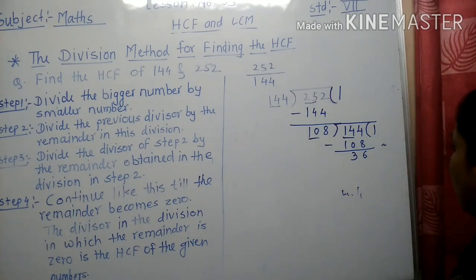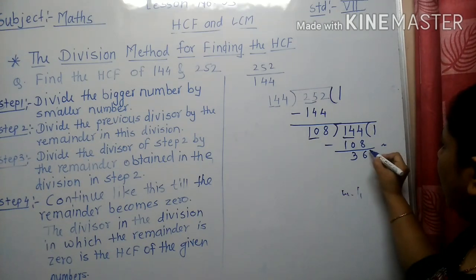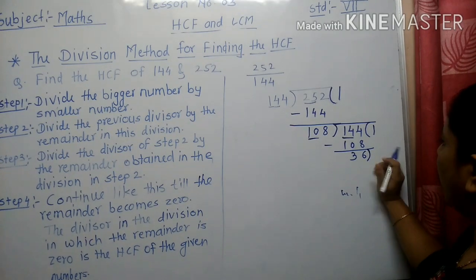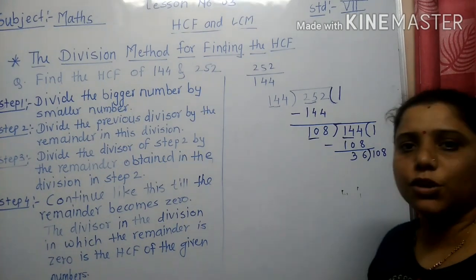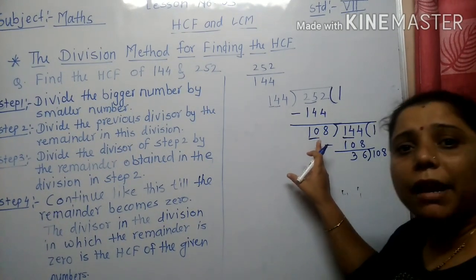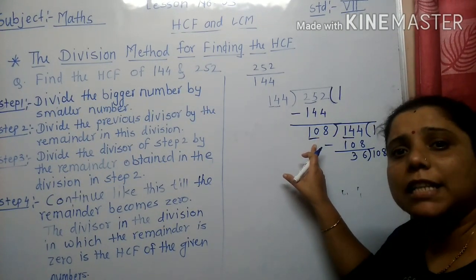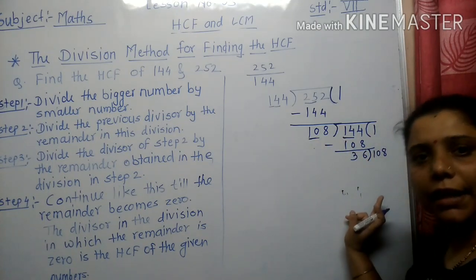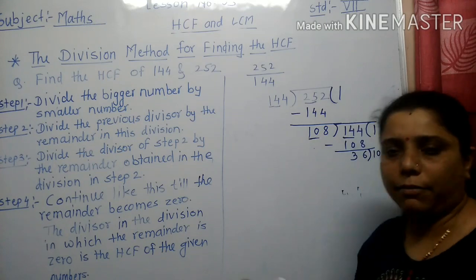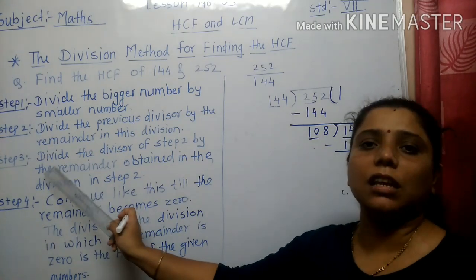Now which number will I take here? I will take 108. Understood? This previous divisor obtained in step 2, we will take as the dividend in the next step. That is your step 3.